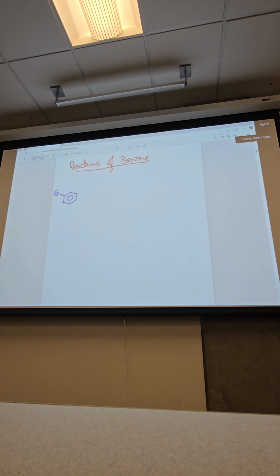And then it can do one of two things, it can react with an electrophile. Is an electrophile electron rich or electron poor? Electron poor. Okay, so if an electrophile is used and that causes substitution, oh shoot, that was going to be my question.